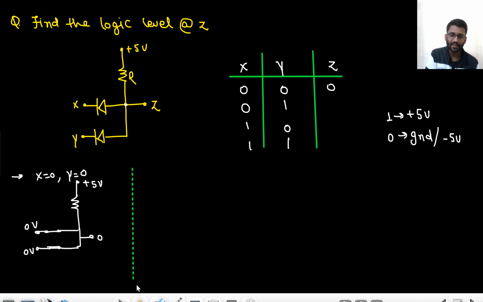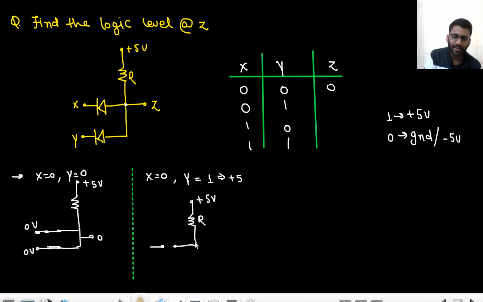Now let's take the second case, when X is 0 and Y is 1. Okay. What does 1 show? Plus 5 volt. This is 5 volt here. This is the resistance R. Open circuit test we are applying.